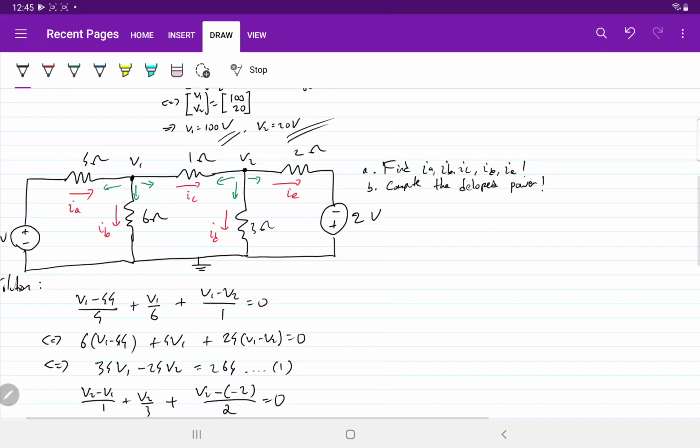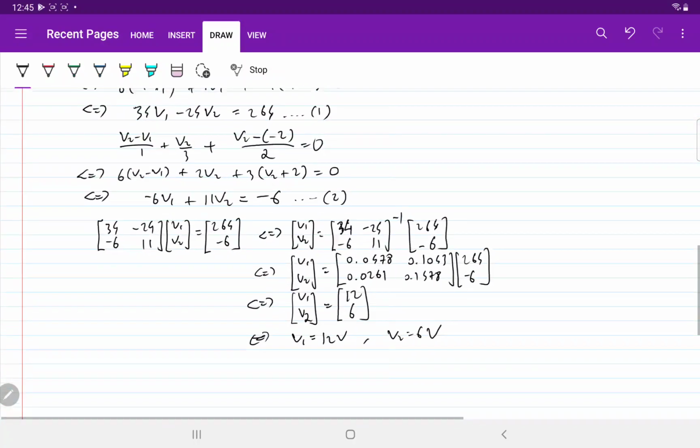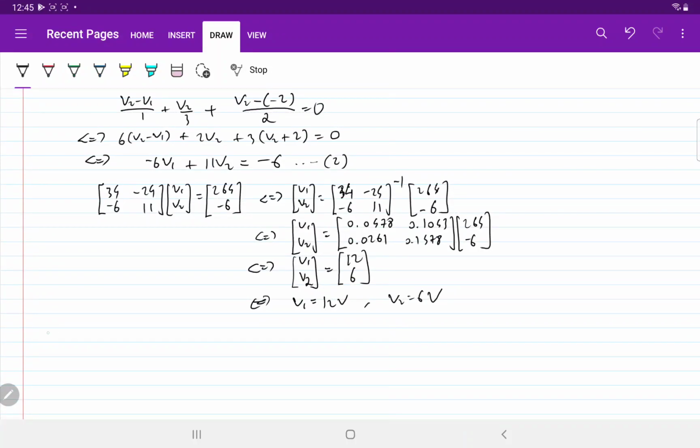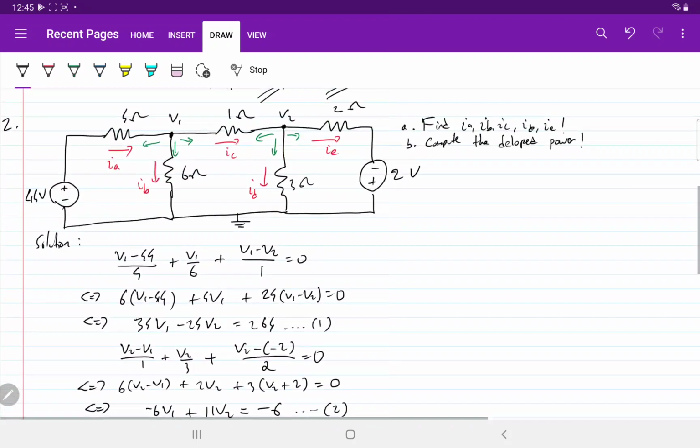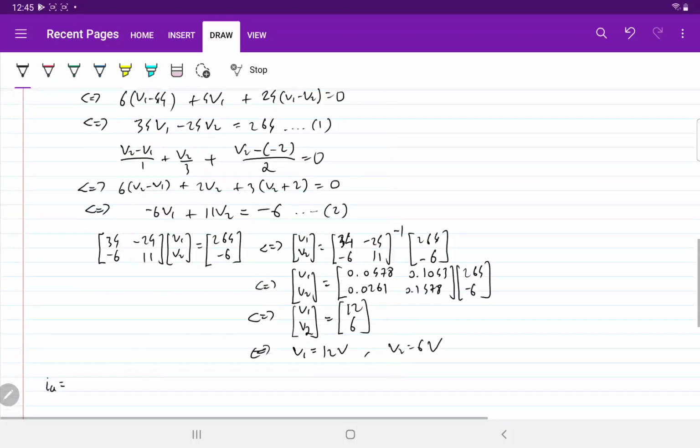So the first question is what are the values of these currents? So let's compute that. IA is defined as the current going in that direction on this 4 ohm resistor. So IA is (44 minus V1) over 4, right?